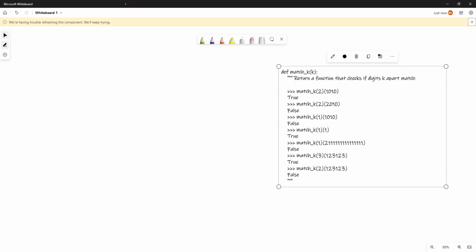Okay, so let's start. def match_k. Because it's the query function, we have to create another function in the function. Some of you might think, can I use the lambda function? It works here, but in this question, I prefer using the higher order function.